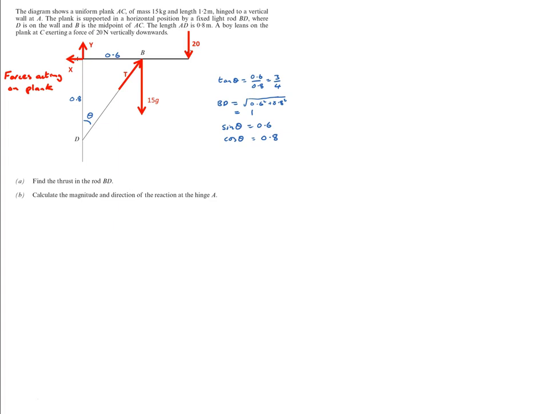So if we start by resolving vertically, then we have got y plus the vertical component of T, and the vertical component of T is T cos theta, minus the 15g minus the 20 must equal 0. So when we simplify that down, y plus 0.8T must equal 167.